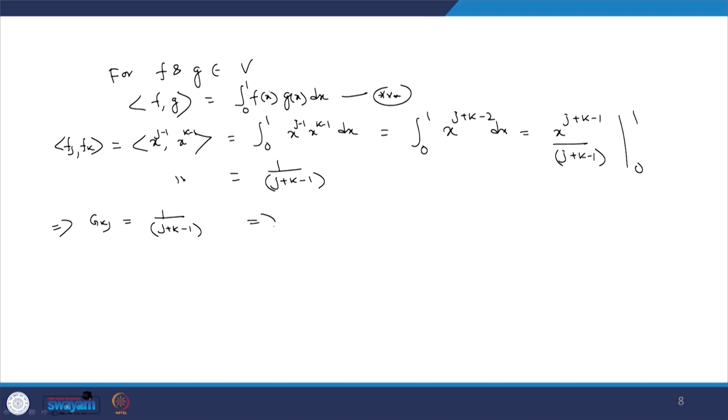So, this implies that your capital A is nothing but the G matrix. Since G is invertible, A is invertible. So, from this we can easily show that the Hilbert matrix is invertible.